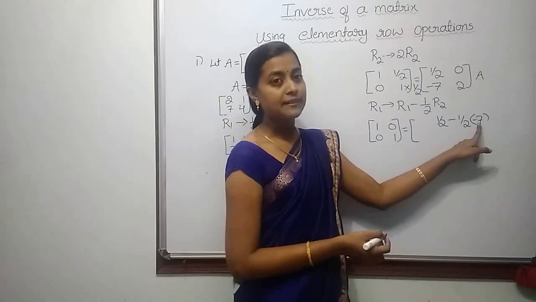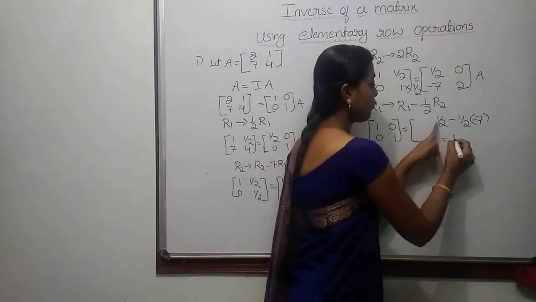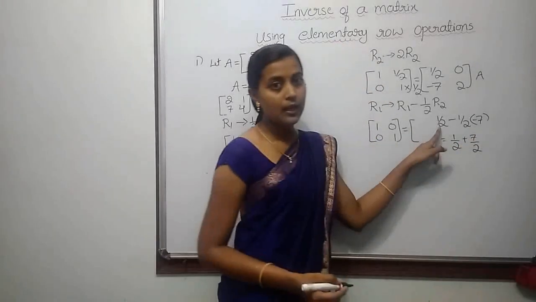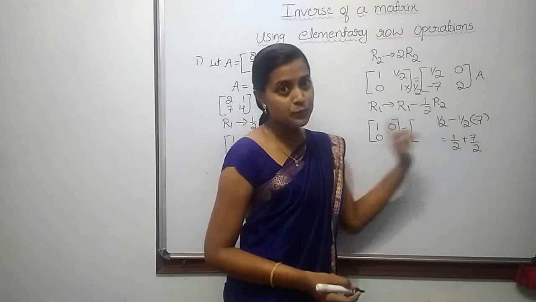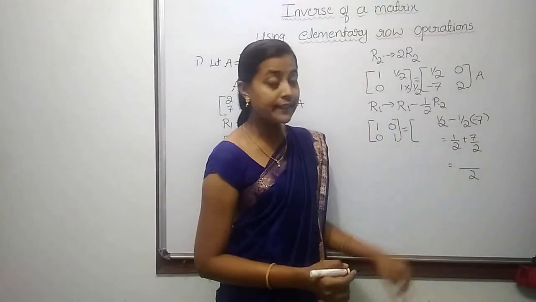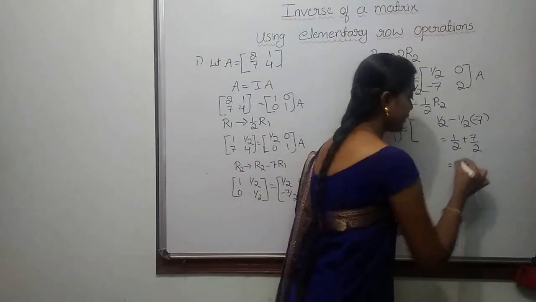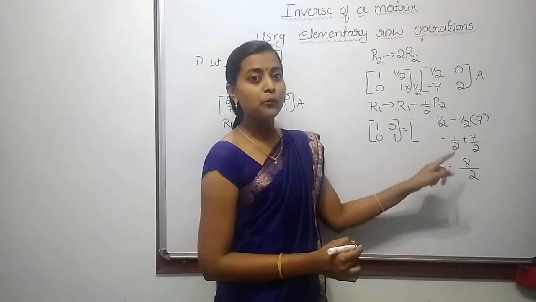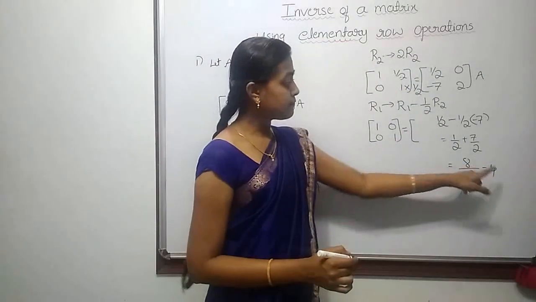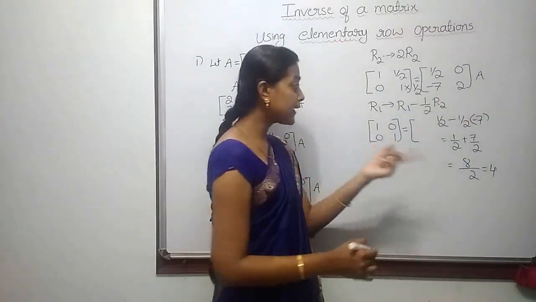Minus into minus is plus, so this will become 1 by 2 plus 7 by 2. Here the LCM is 2. 2 as it is. Numerator 1 plus 7 is 8. 8 upon 2 is 4. Then the first element in the RHS will become 4. I will write 4 here.